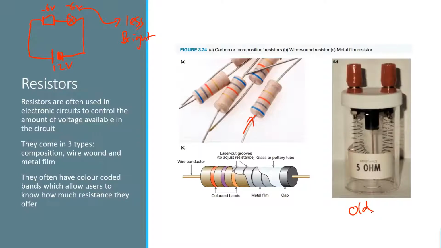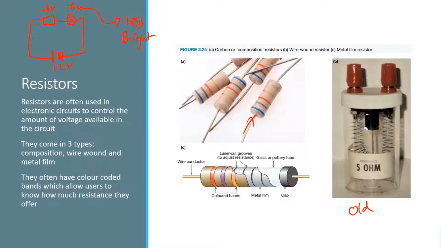For example, we have some in the physics lab because the physics lab is so old. These are the easiest ones to understand. The only reason they have resistance is because there is so much wire that the electrons have to go through. Usually these wires are made out of a heat resistant metal, because obviously they build up heat because they're resistors, and you want to make sure they can dissipate that heat.